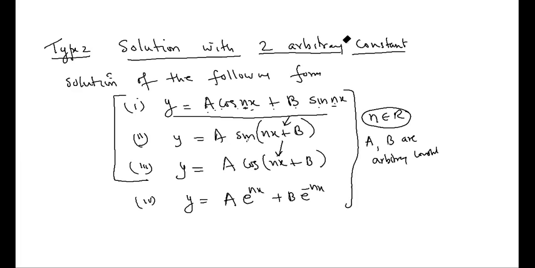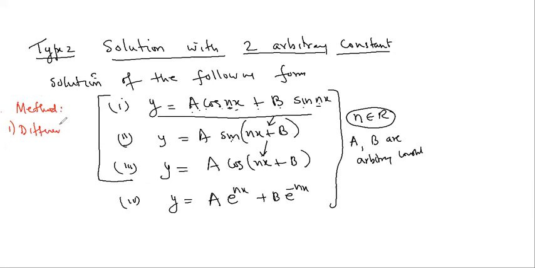Method: differentiate twice, then eliminate A and B by substituting y. That's all to remember. Is it clear to everybody? Yes, sir. Have you written this? Yes. Okay, now let's start with the problem.